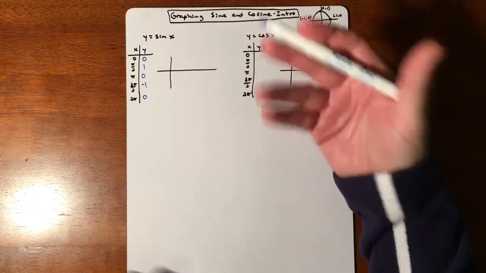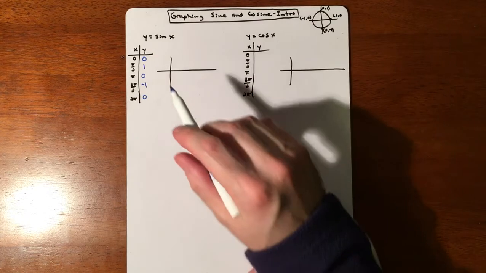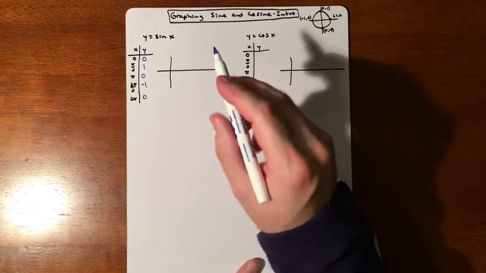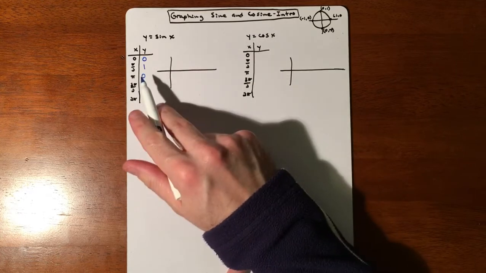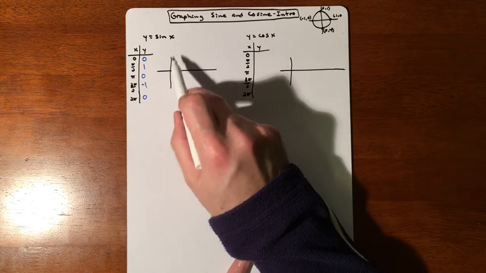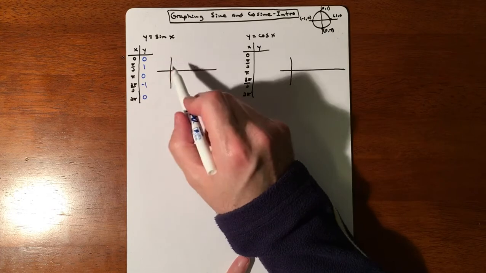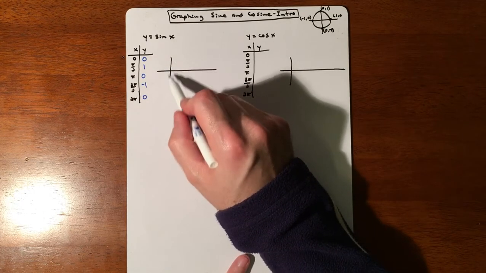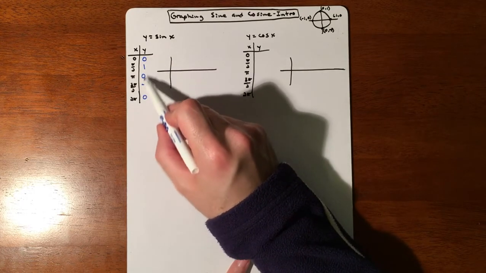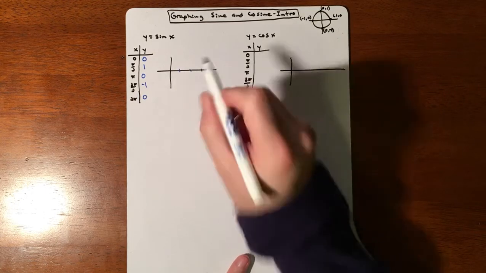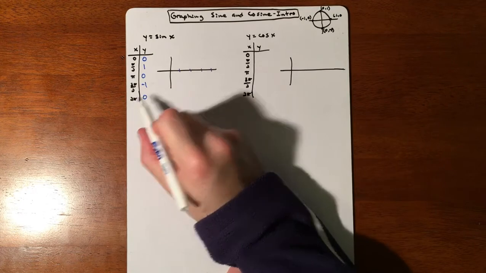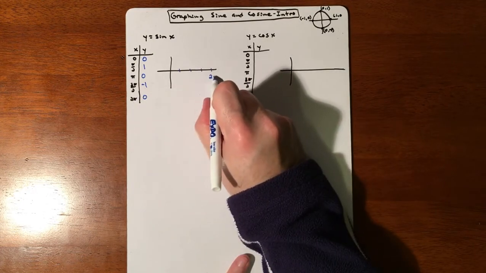The way I go about doing it, and we'll talk about details on the next video about why we do it this way, is there are going to be 5 main points on every one of these sines and cosines. Your y-axis is going to be the first point it starts on. So that takes care of the first point, and then there are 4 others. I equally space out 4 marks, and 2 pi ends up being the last.